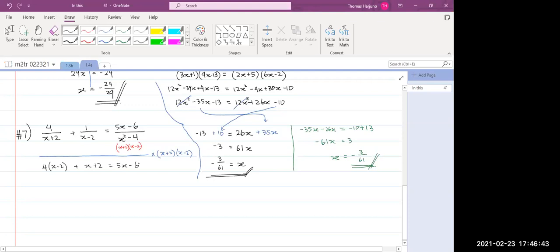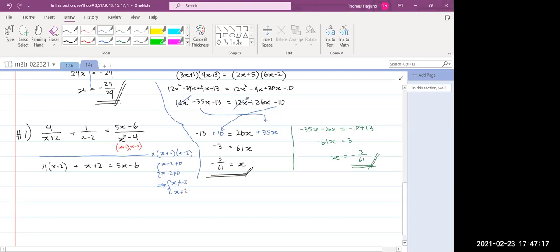Now, before I go on, right now it becomes a linear equation and it's quite easy to solve, right? But some warning. When I multiply by the LCD, I need to make sure that the LCD does not give me 0. In other words, x plus 2 cannot be 0, and x minus 2 cannot be 0 either. Consequently, our final answer cannot be negative 2 and cannot be 2.